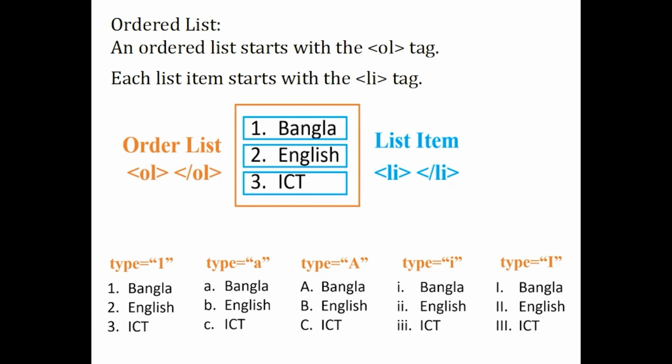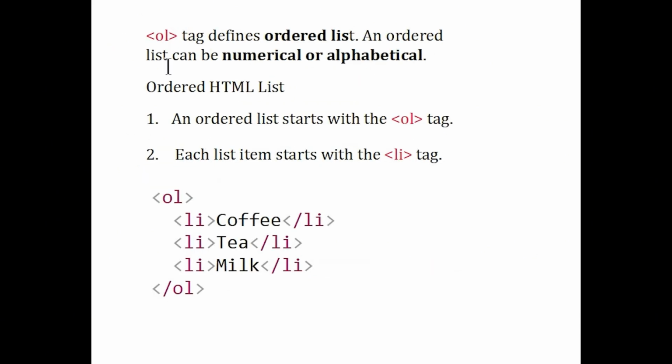Here is an example of ordered list code. The OL tag defines the ordered list, of course, starting with OL and closing with /OL, and each item starts with the LI tag.